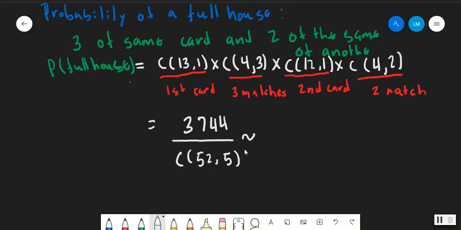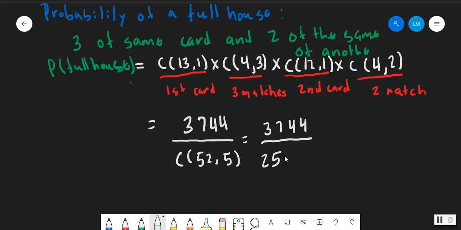Now this is going to be equal to, okay, so let's go ahead and just find the number of ways that we can select the 5 cards from the 52. So that's going to be 3,744. Let me just do this really quick. 3,744, all divided by the number of ways that we can select 5 cards from 52.